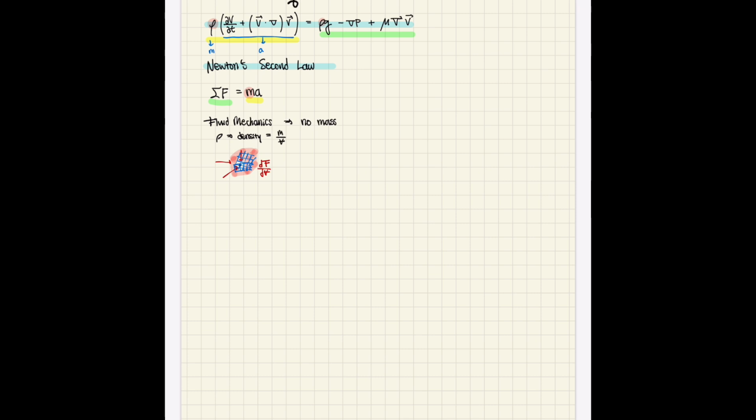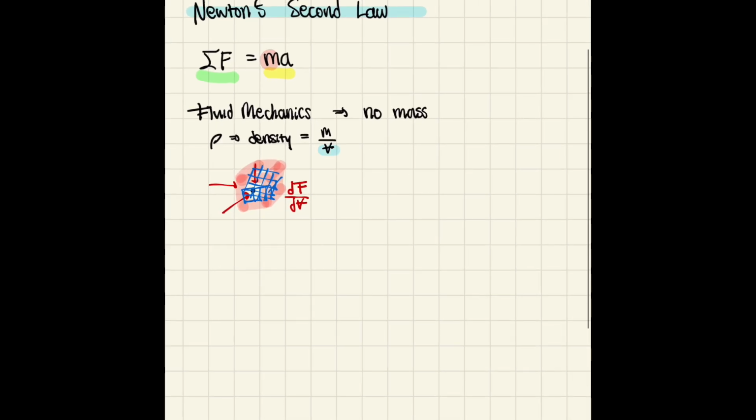The reason why we're using density instead of mass is because in fluid mechanics, the particles are fluid, so they cannot really have a specific mass value. That's why we need to divide by the specific volume, which is m divided by volume equals density rho.